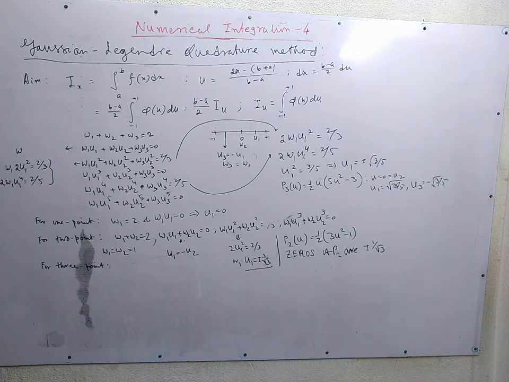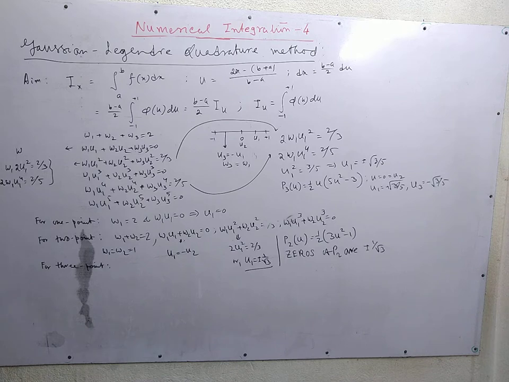We see another thing: although for n-point Gaussian quadrature we are to solve 2n simultaneous equations, the specific values of the arguments are obtained from the nth order special function. For example, if we integrate between plus minus 1 limits, the zeros of the Legendre polynomial of order n give you the u values.